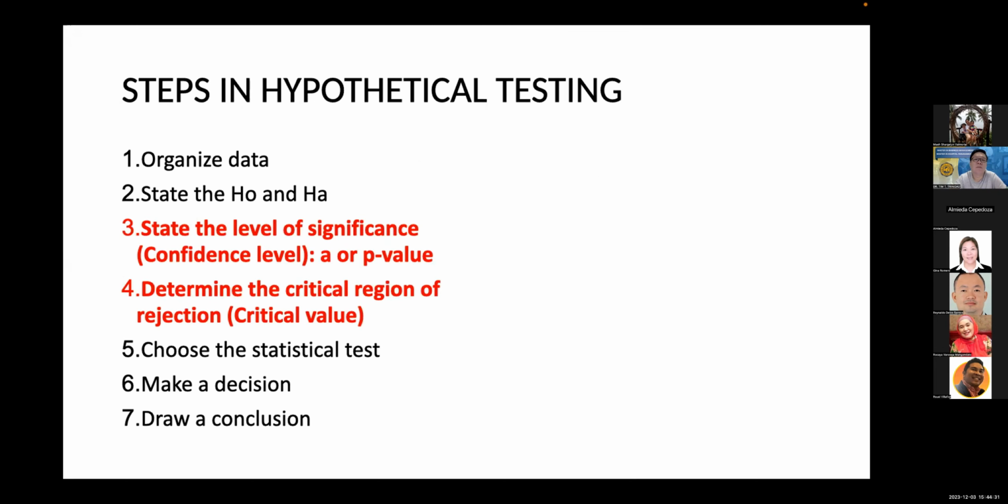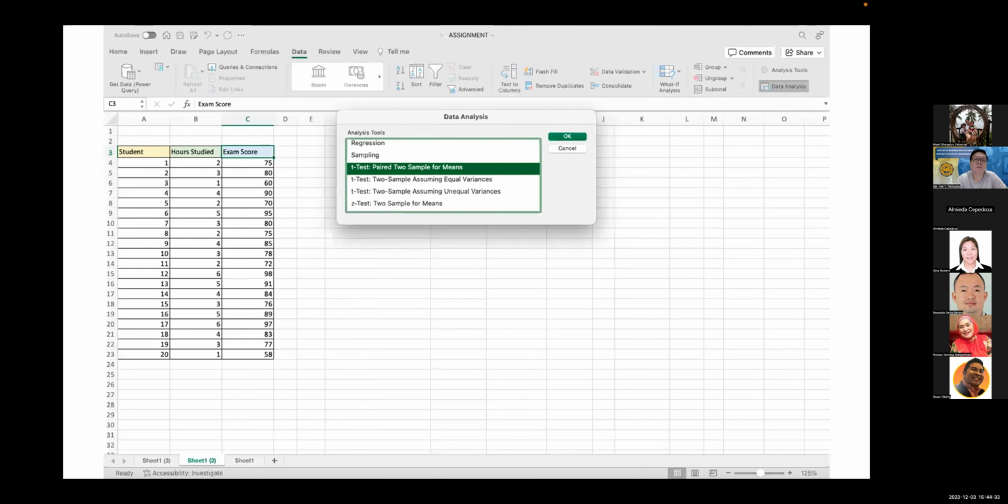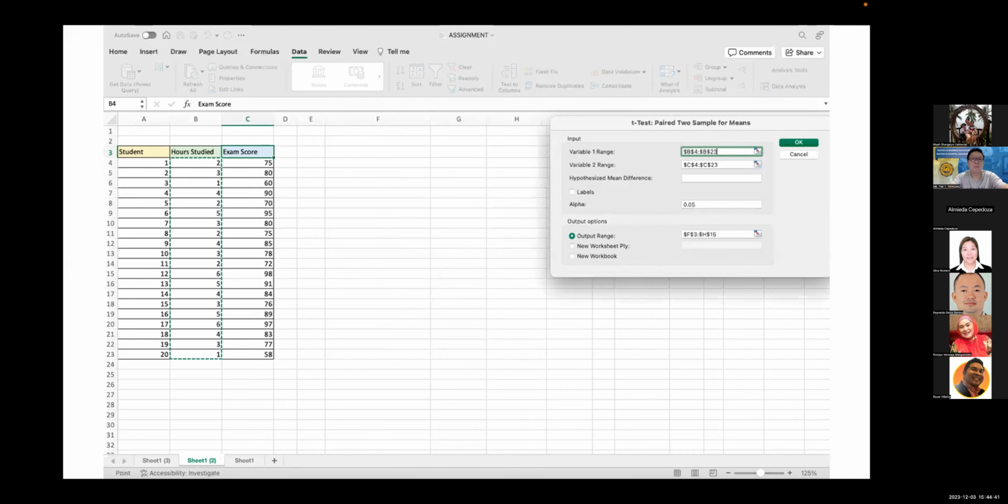Then we get our level of significance and critical value. To do this, let's click the data analysis icon, then t-test paired two sample for means. Input variable 1 for the hours studied and variable 2 for the exam scores.